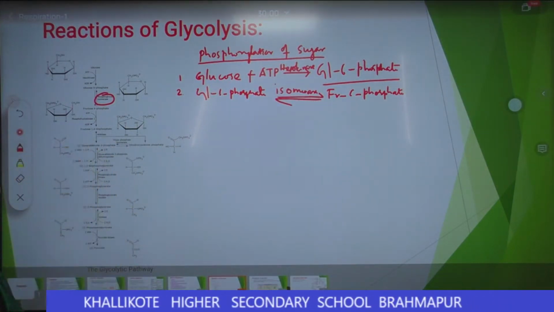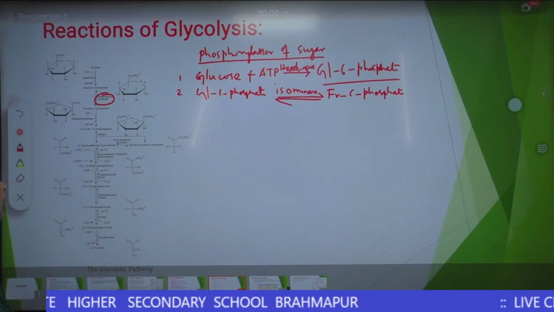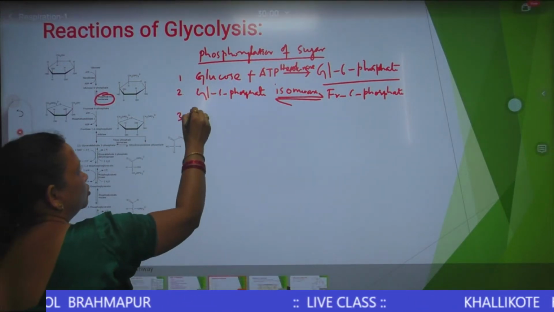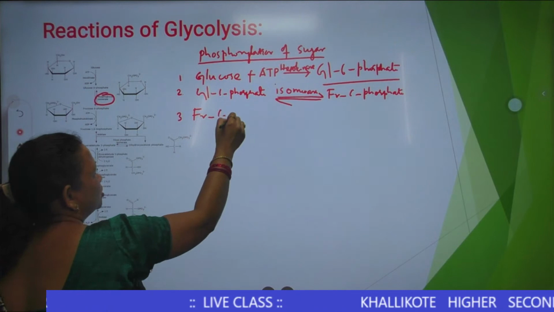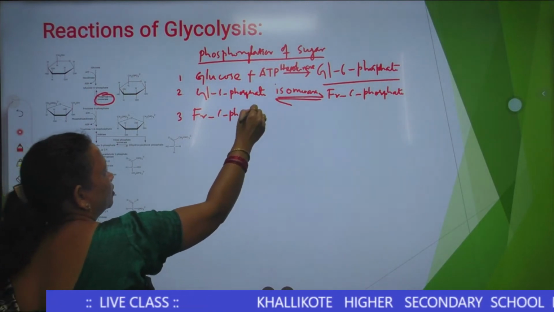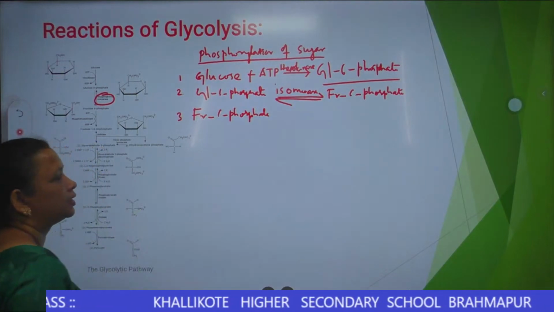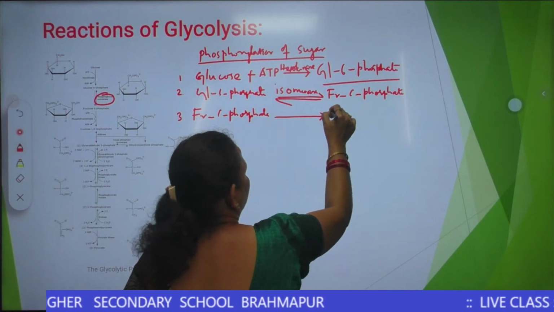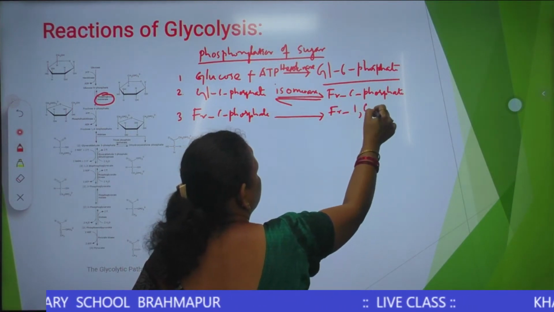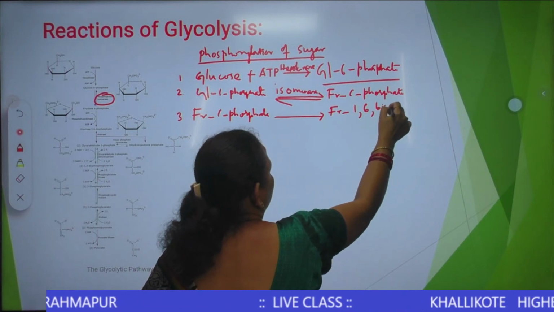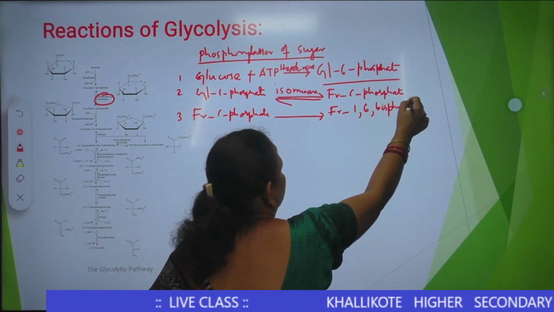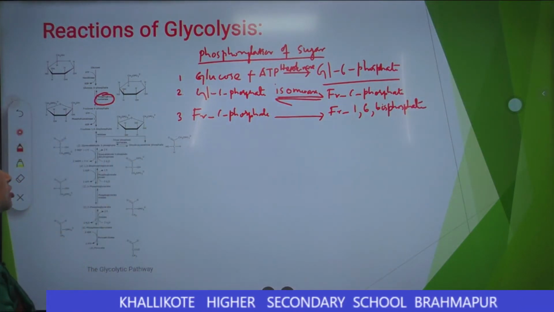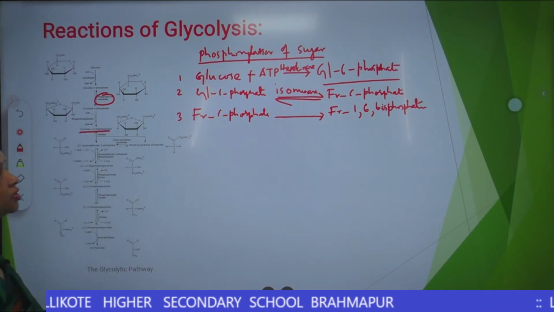So, the third step is again a phosphorylation step, in which fructose 6 phosphate gets converted into a molecule of fructose 1,6 bisphosphate.